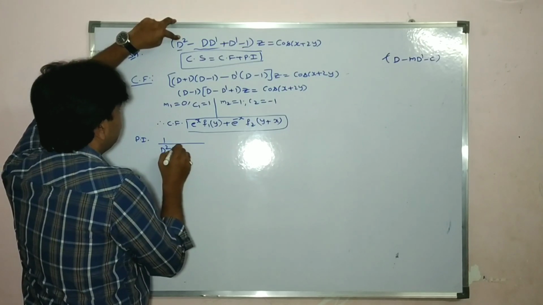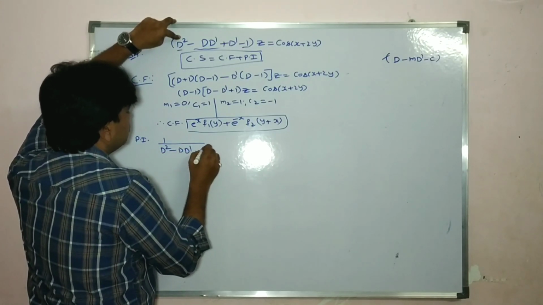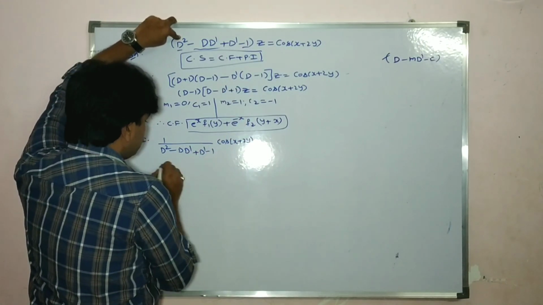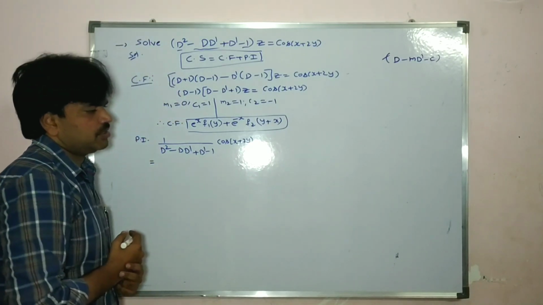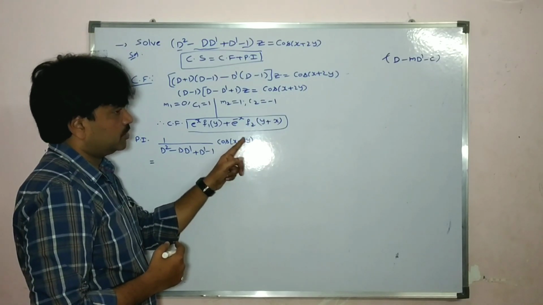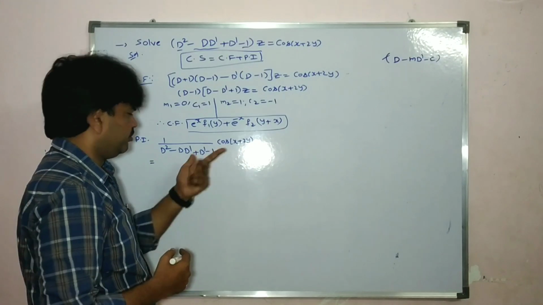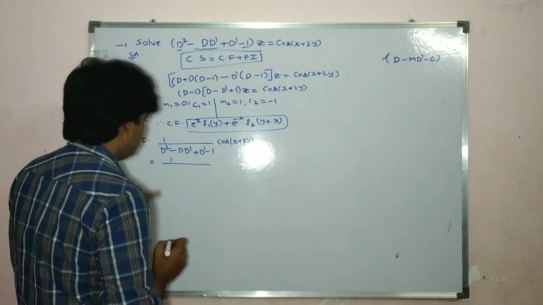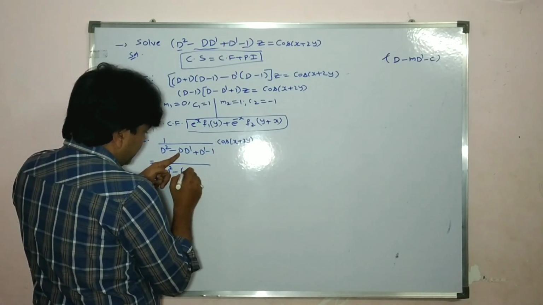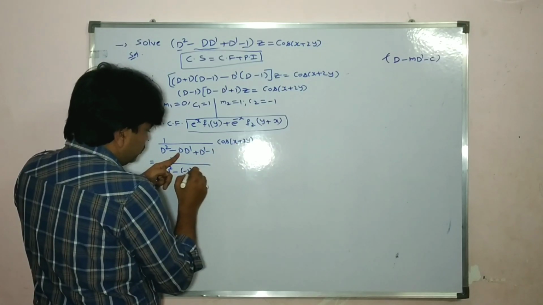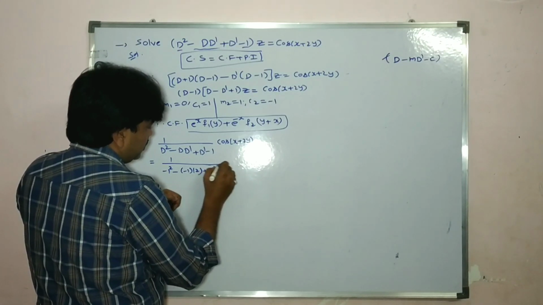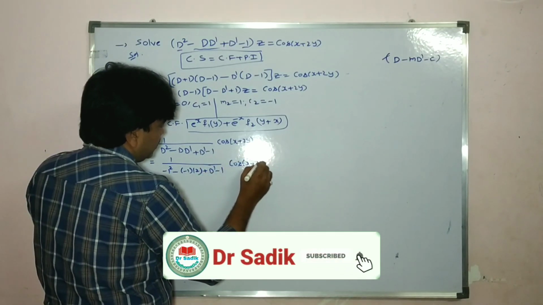1 by (d square minus d d dash plus d dash minus 1) into cos of x plus 2y. That is equal to, everybody knows students, d square replaced by minus a square and d dash square by minus 2 square. So 1 by (d square, that is minus 1 square, minus d d dash, minus 1 into 2, plus d dash minus 1) into cos of x plus 2y.